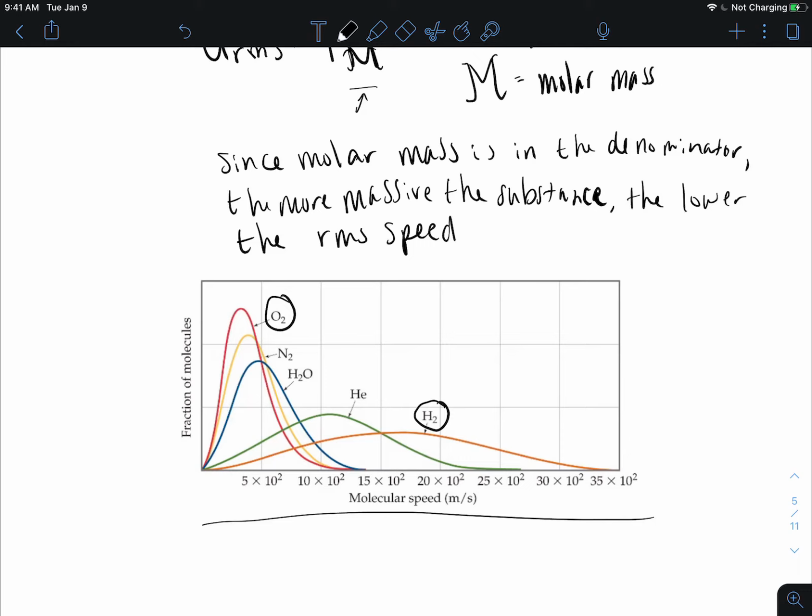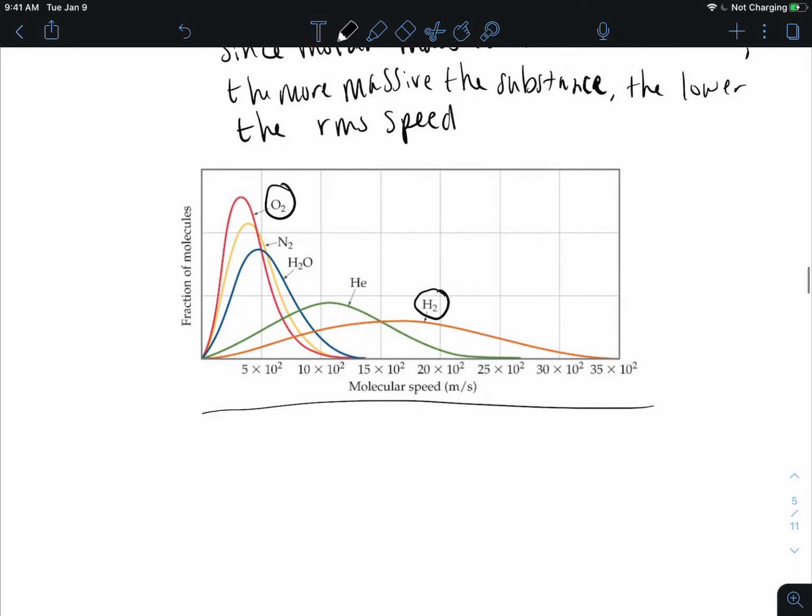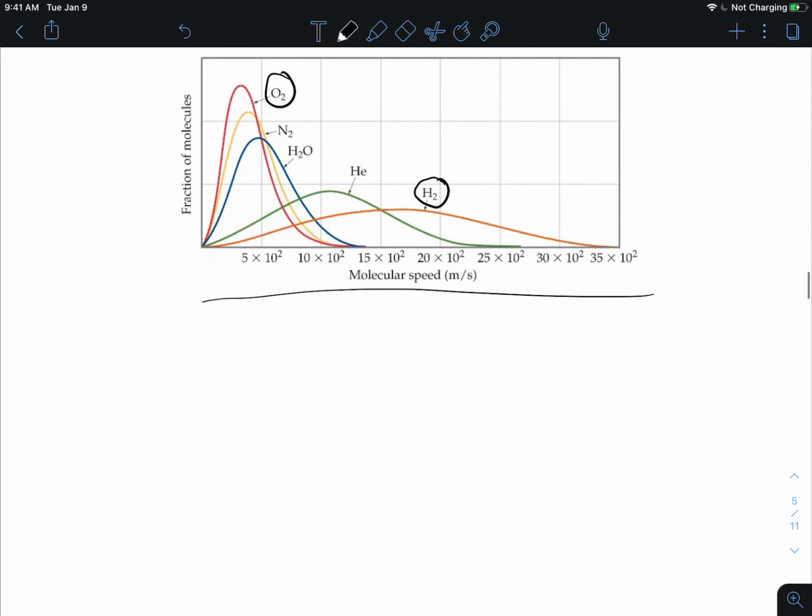So anything that's lower in mass, even though it has the same average kinetic energy, is going to have a significantly different molecular speed. And another thing that is going to be affected by molecular speed is effusion and diffusion.